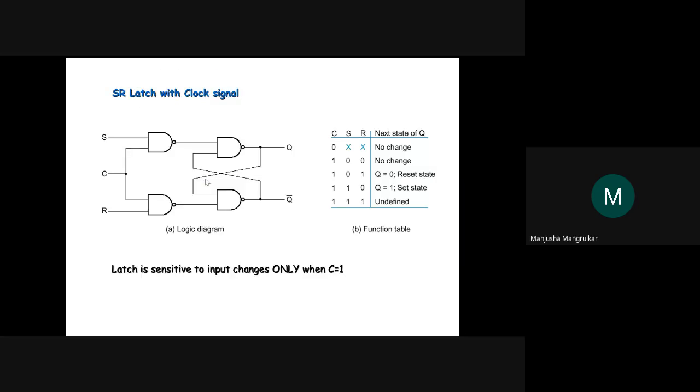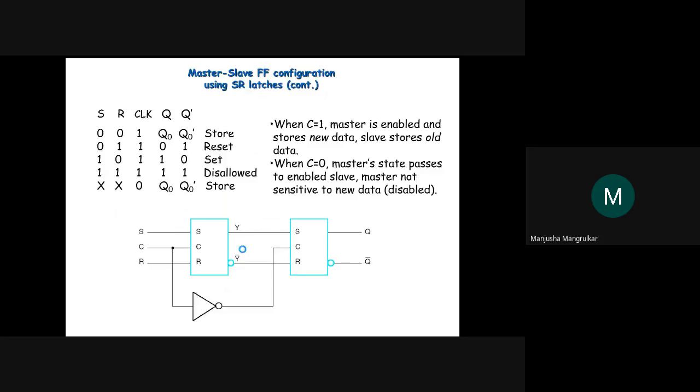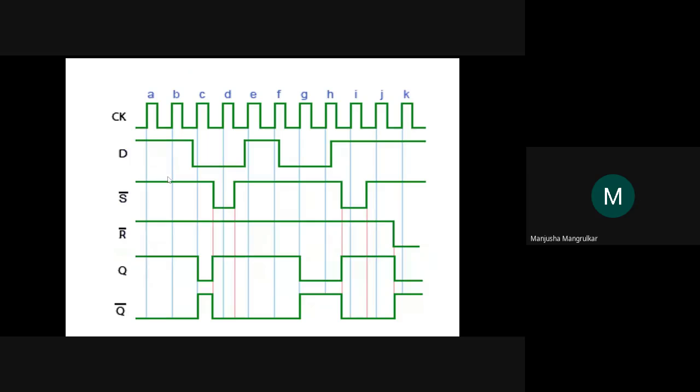That's why I put here SR, both are inputs, right? And this is D, any one, but the D input is just the reverse of SR. If this is 0, this will be 1, if this is 1, this is 0, and we'll see that in the waveforms, because in the exam we have to draw the waveforms according to the output, right?